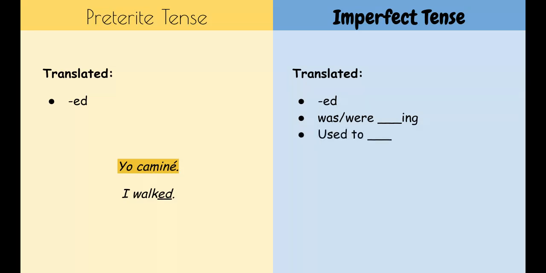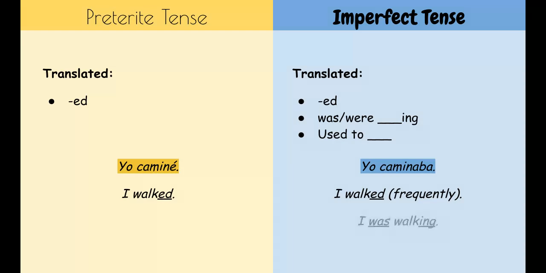Or using the phrase used to or would before a verb. So if you take that same verb, caminar, and conjugate it in the imperfect tense, yo caminaba, you could translate it as I walked, but you would be implying that you walked frequently, or that you were walking. I was walking, yo caminaba, or I used to walk.